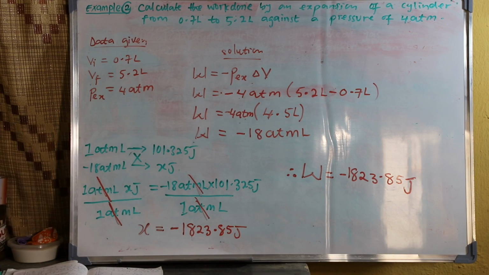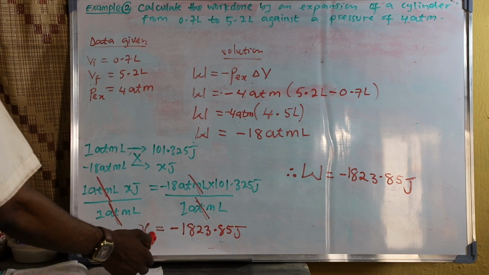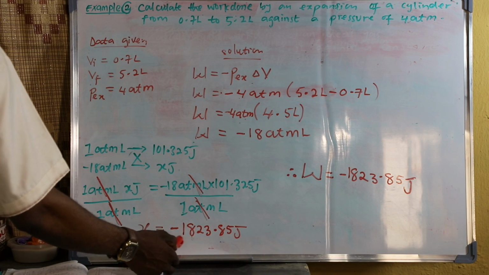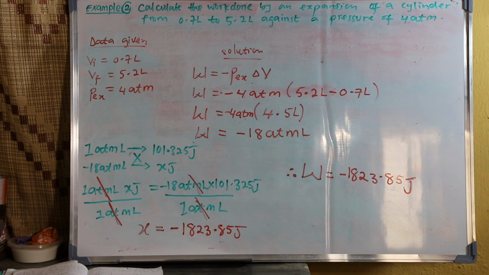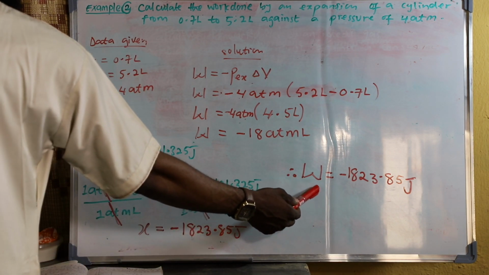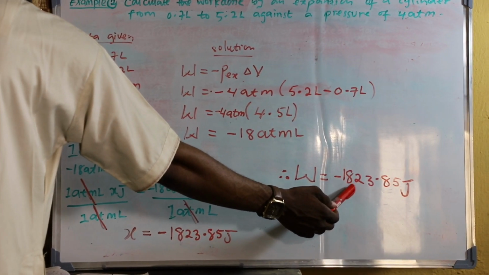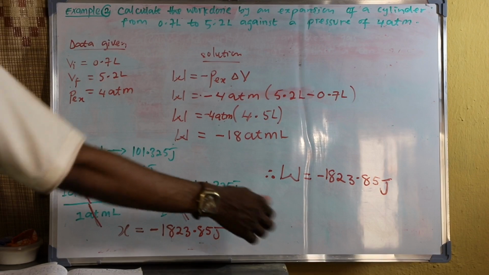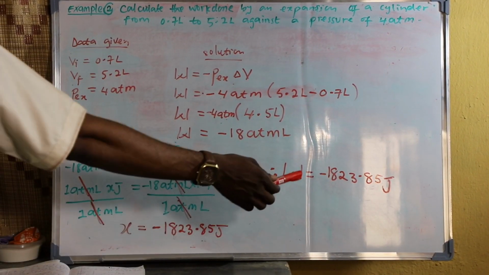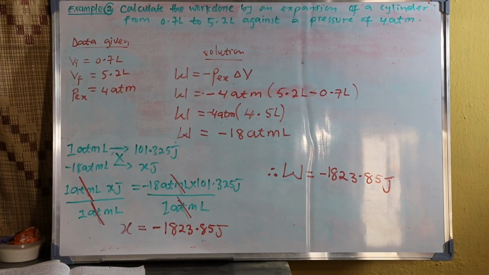By cross multiplying and dividing both sides by atm, we have x is equal to minus 1823.85 joule. So therefore work is equal to minus 1823.85 joule. The work has been done by the surrounding. So that is why we have this value.